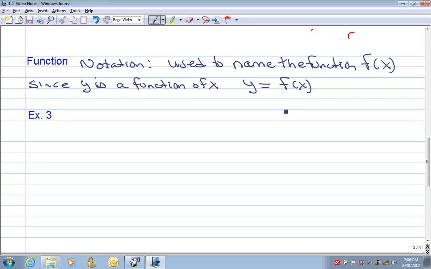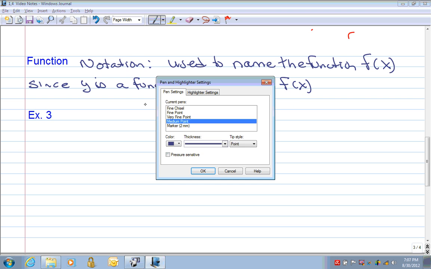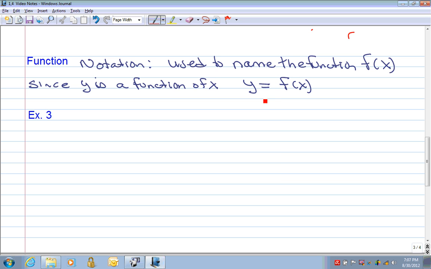That's a very important concept. Okay, so y is equal to f of x. And f is the name of the function. You could also name it v of x or c of x, use your own initial. F is not a variable. It's a letter that represents the name of the function.